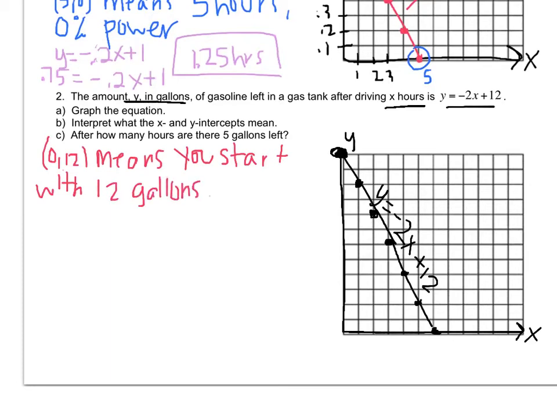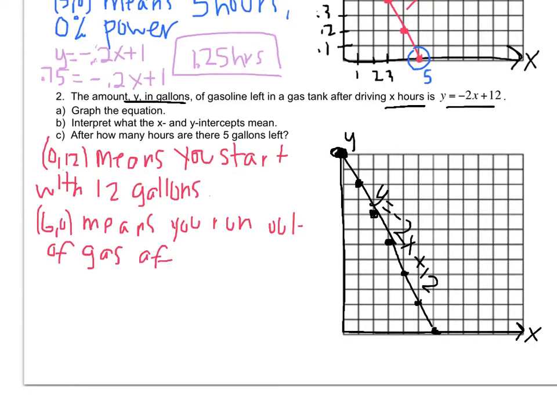The x-intercept is at 6, 0. 6, 0 means you run out of gas after 6 hours.